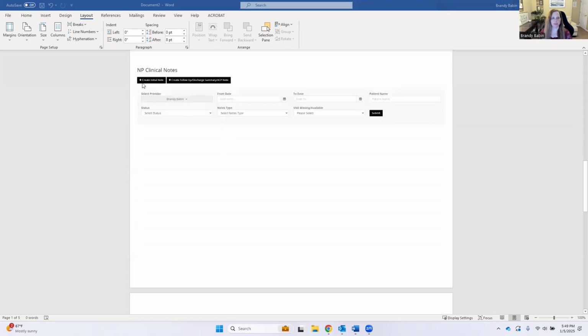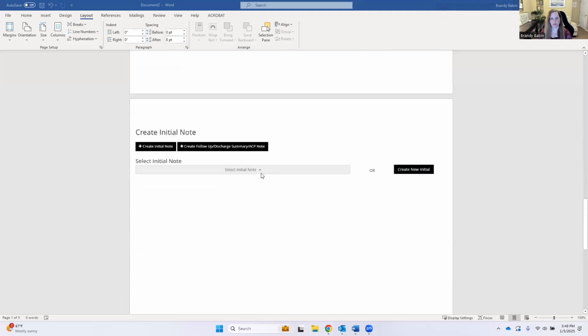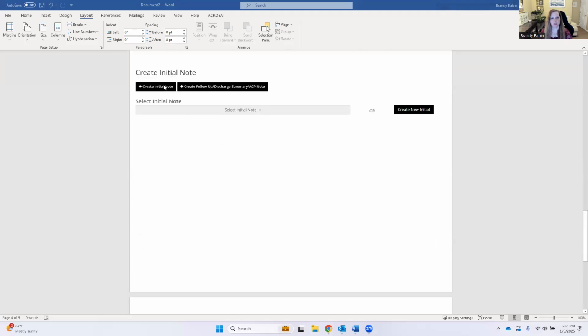And then we have the opportunity to either create an initial note or we can create a follow-up note. You've got your name right here, and we're going to create an initial note during this session. So in order to create an initial note, you can either select an initial note that's already been written, and it would have to be written by you.